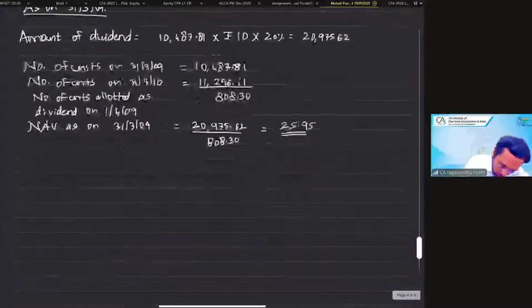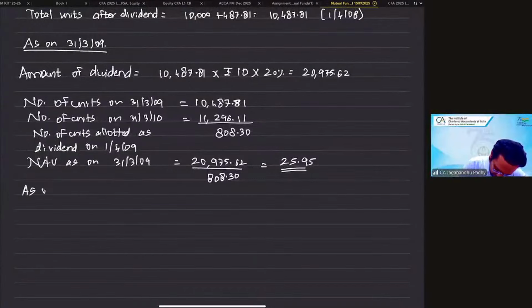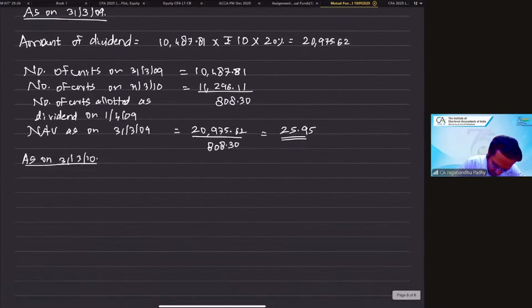So now, as on 31st March 2010, we have been given the annualized yield. So annualized yield is going to be 7.52.